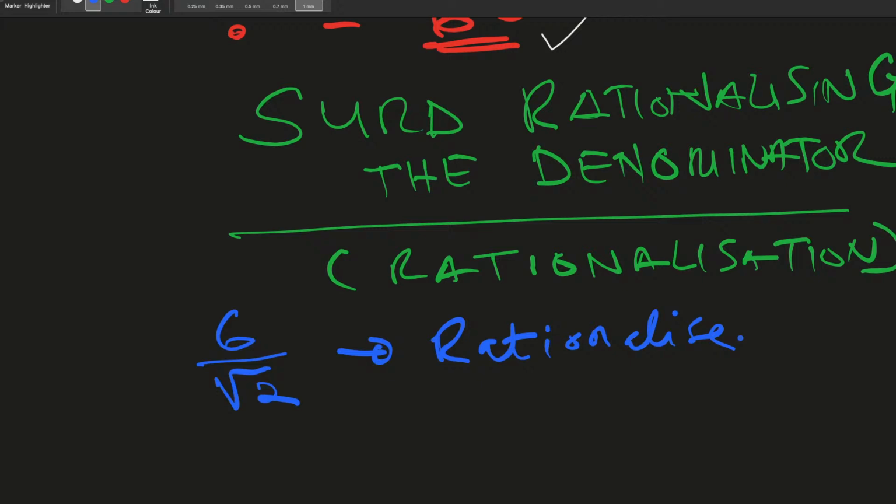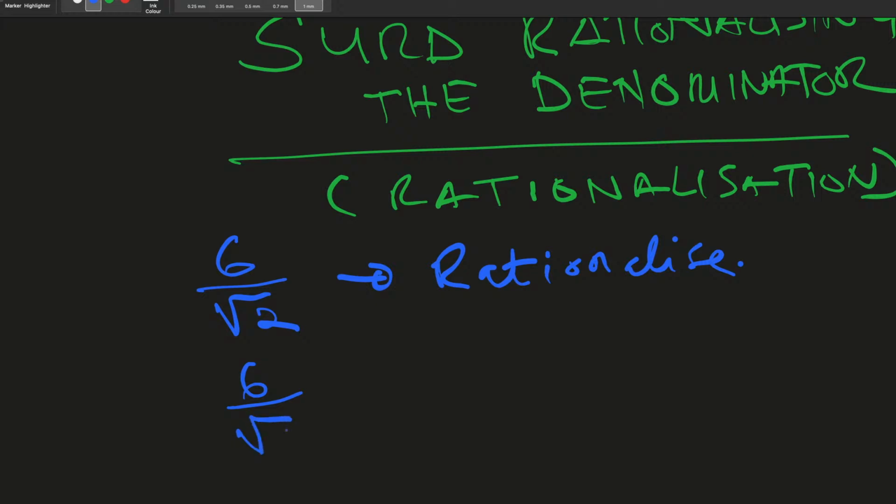And how do I do that? Because if I have 6 by root 2, and I should multiply this one by 1, then normally, if I'm supposed to rationalize the denominator, this is the denominator, the bottom one.